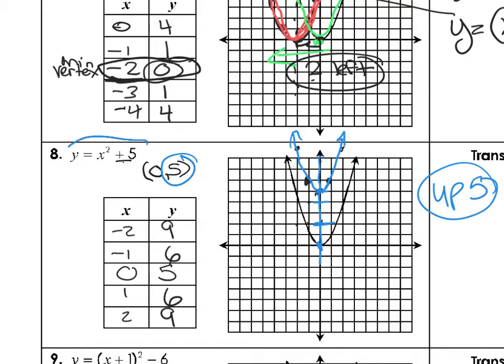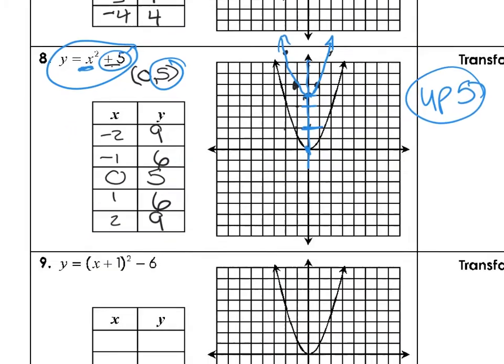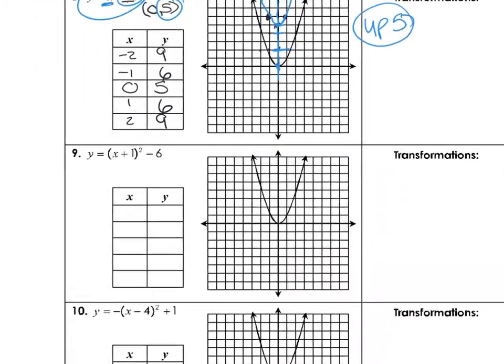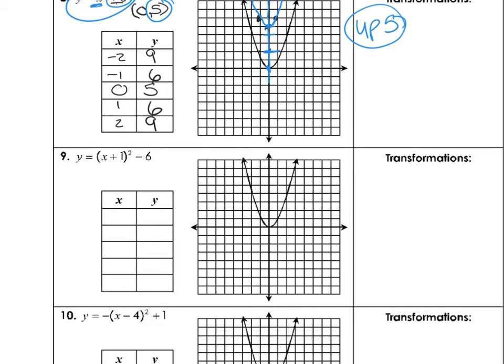Okay? And my equation tells me that. I didn't have any parentheses, so that meant my left or right movement was 0. And then this tells me to move my parent graph up 5. All right. Now, let's kind of look at it without graphing it. If my vertex would be -1, -6, that tells me that I went to -1 and then down to -6.